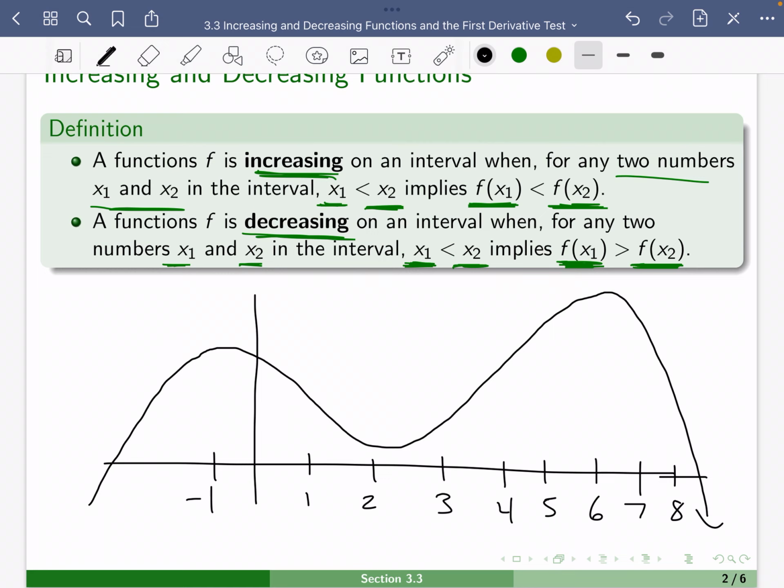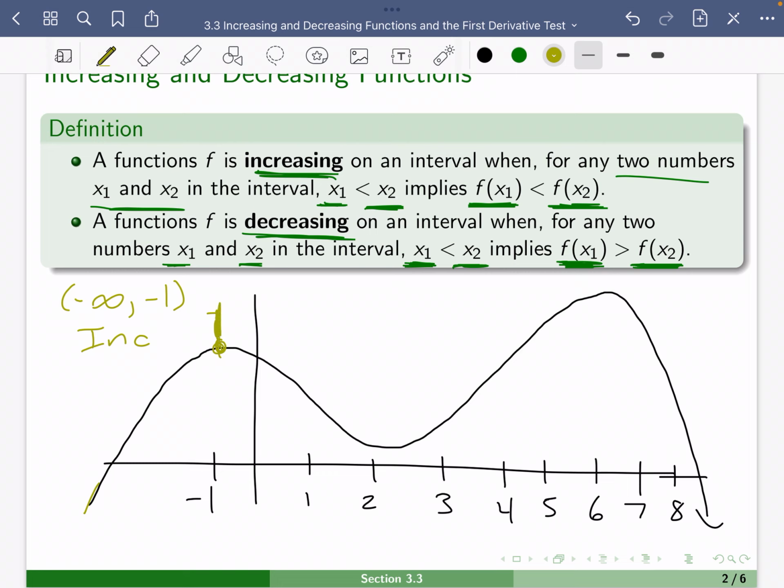All right, so let's see if we can identify where this function is increasing. Well, it is going up from here up to this point right here. So it's increasing on this interval from -infinity up to -1.